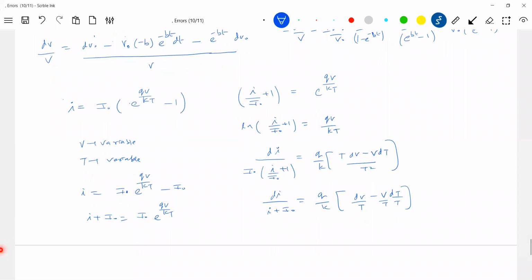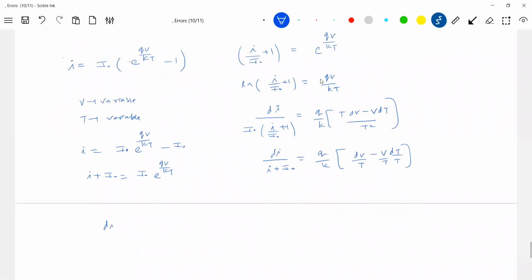Now the relative error in dI is equal to Q. This is what we have to express.